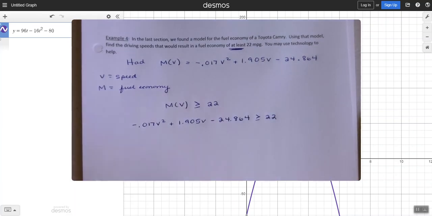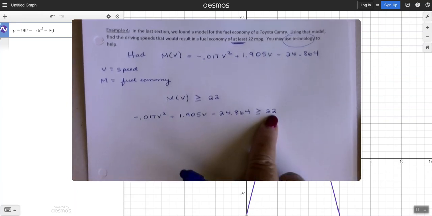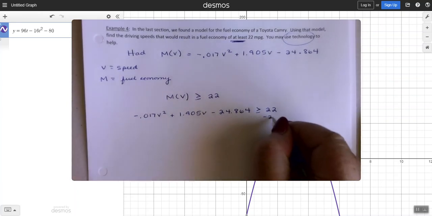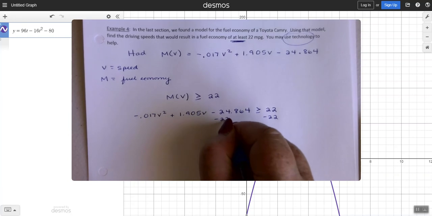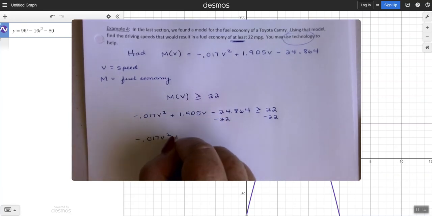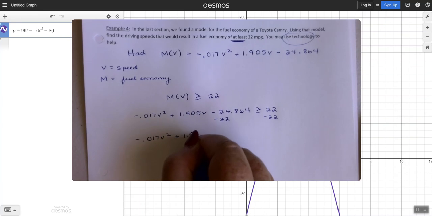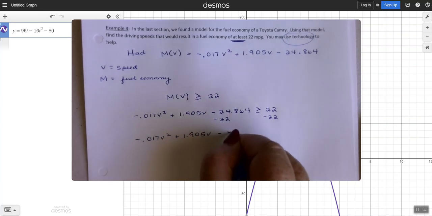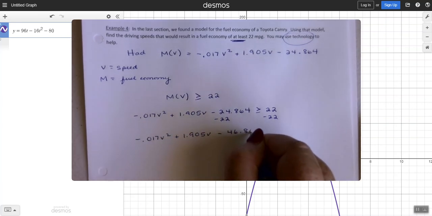Now this one says we are allowed to use technology, so thank goodness with these rather unpleasant numbers, we don't have to mess with this by hand. I am going to remember this time to get the 0 that I like on this side, so let's just subtract the 22 to start with. That would make that negative 46.864.